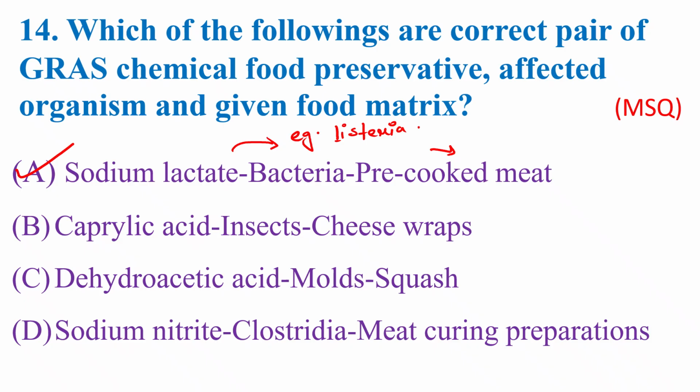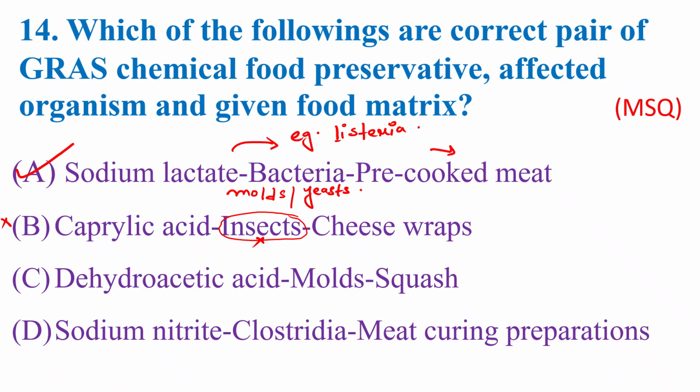Next, caprylic acid, insects, cheese. So caprylic acid will target basically the molds or say yeasts, not the insects, and it is not used in cheese. So this is not correct. Dehydroacetic acid, molds, squash. Dehydroacetic acid is used against molds, but it is not used in squash.